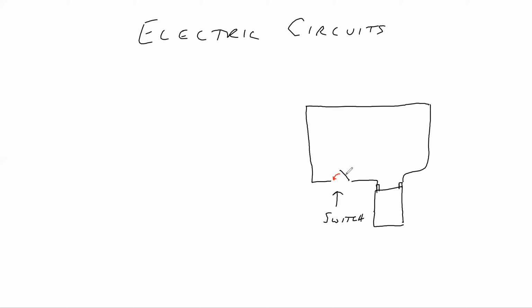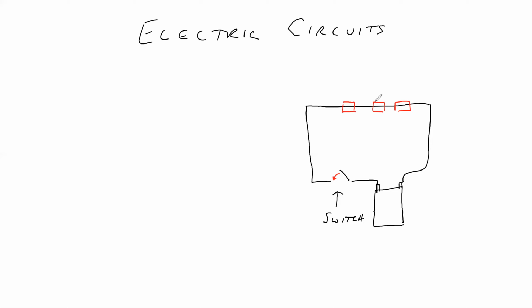Now there's some inherent resistance in this circuit based on the wire, right? Maybe not very much, but there's also resistance. Maybe we're just going to use light bulbs for the sake of our diagram here. We're going to put 3 light bulbs in here.